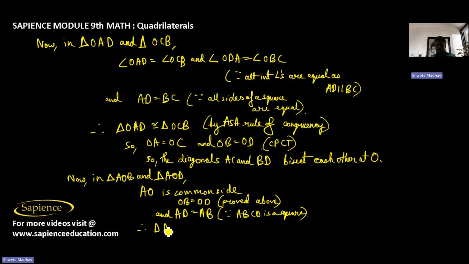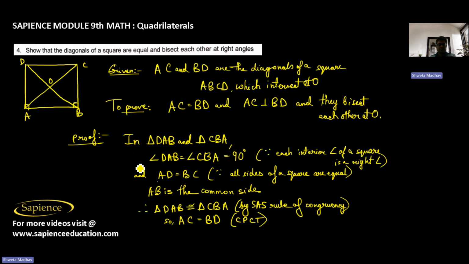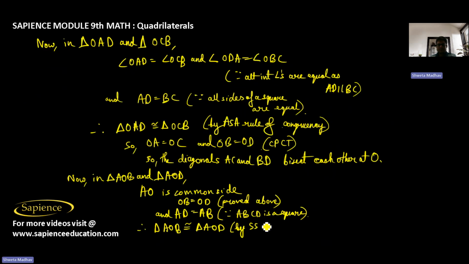Therefore, I can say that triangle AOB is congruent to triangle AOD by the SSS rule of congruency.